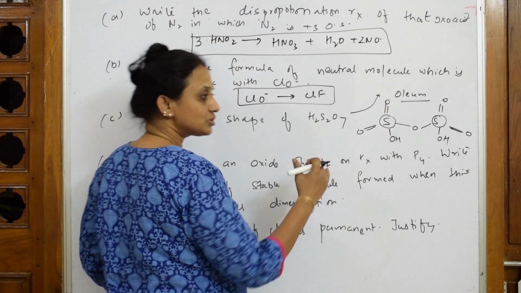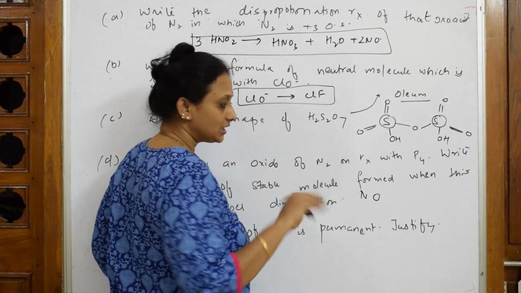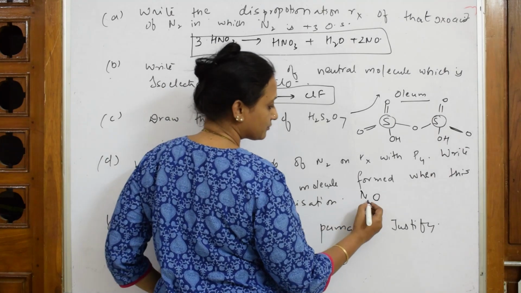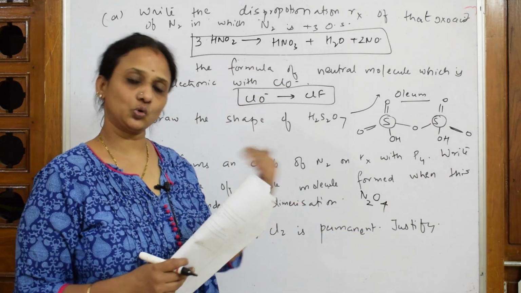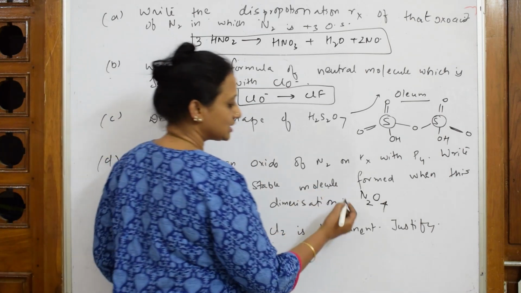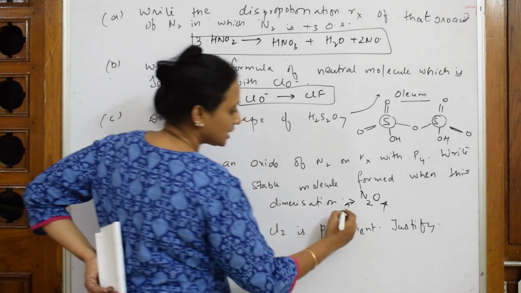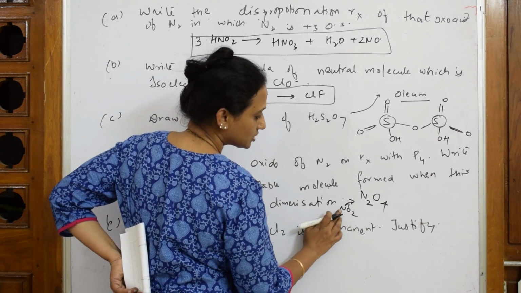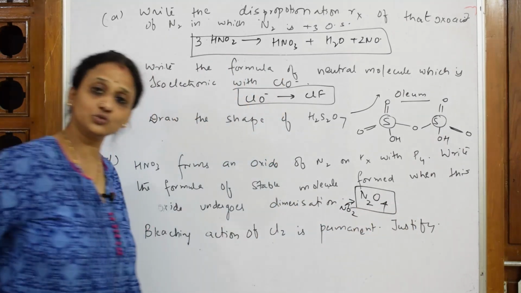Normally nitrogen and oxygen, NO, if it is dimerizing. Now if I have to write, it is N2O4, right? Basically NO2 is nitrogen dioxide, isn't it? Let me write that. NO2, nitrogen and oxygen, it forms NO2. So this becomes N2, this becomes O4. So this is your answer, N2O4.